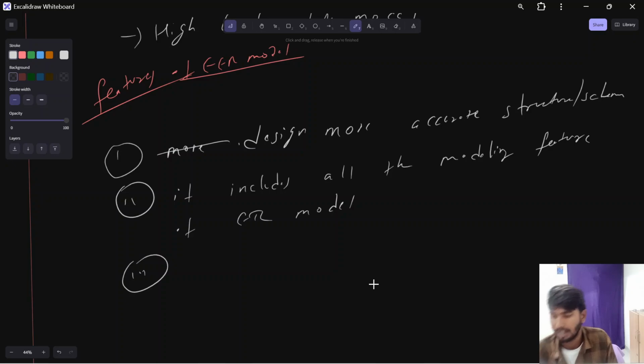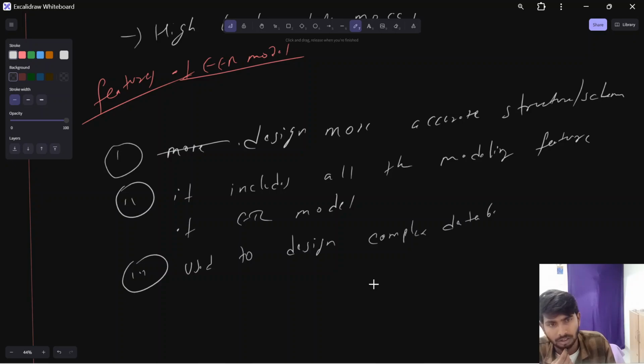Okay. Third, we can say it is used to design complex databases.